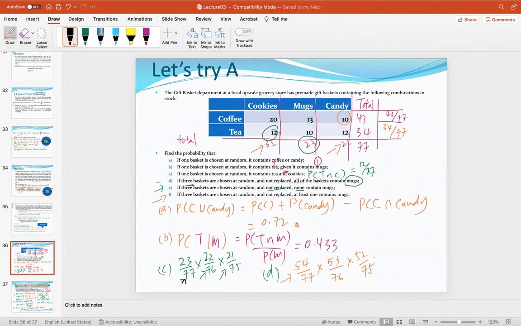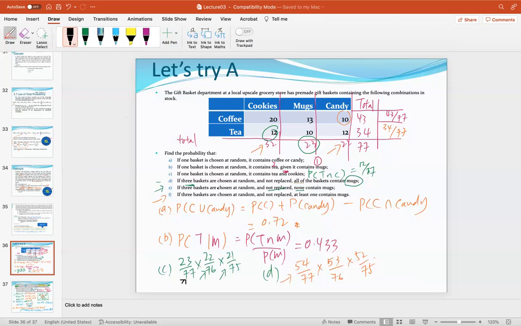And then the next one is 22 over 76 because you took one out. And the last one, 21 over 75. So that's the answer.